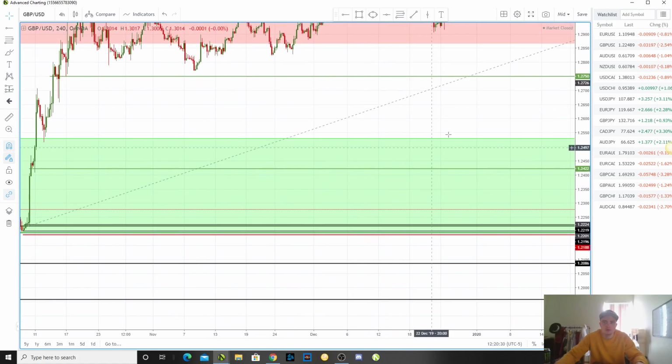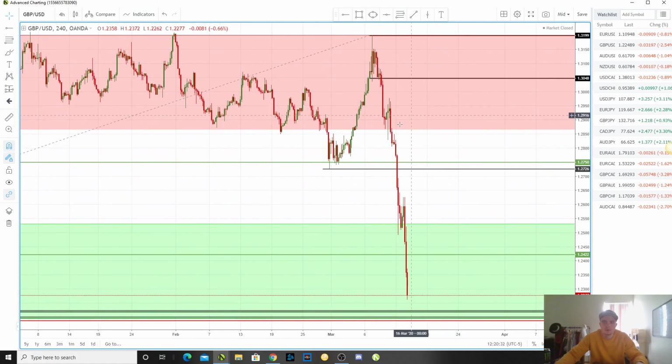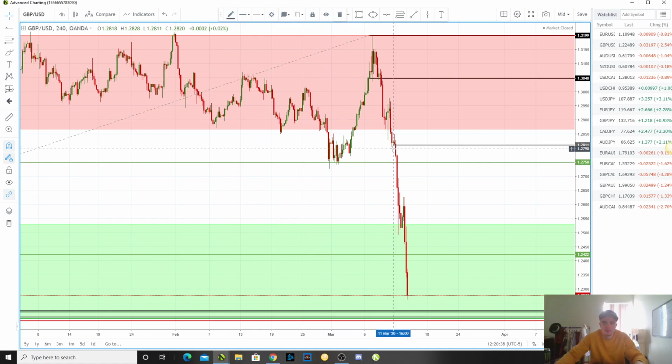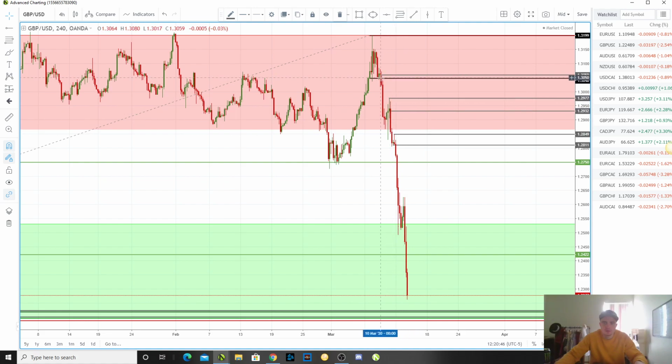There's the curve long. And since price is closer, we're going to set up the curve long on this one as well. But these are going to be our curve short levels up here. Quite a bit of them.